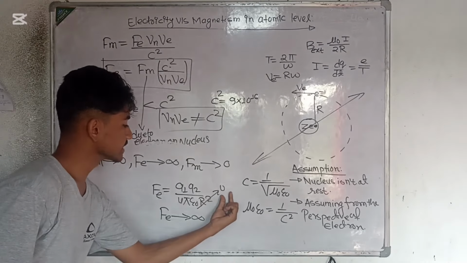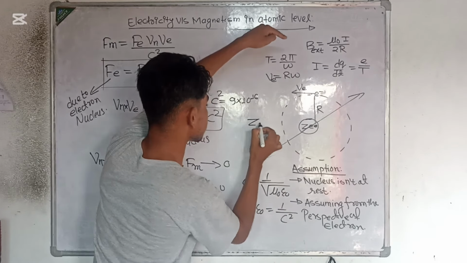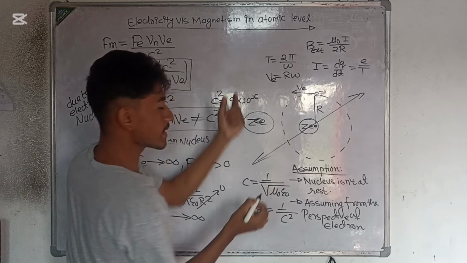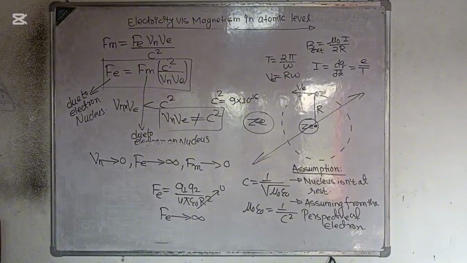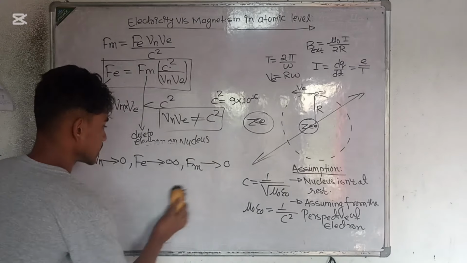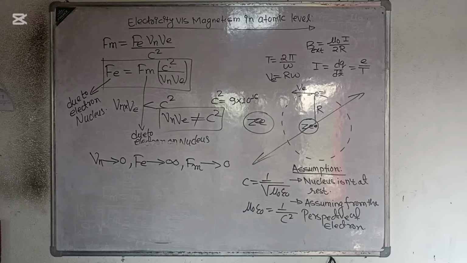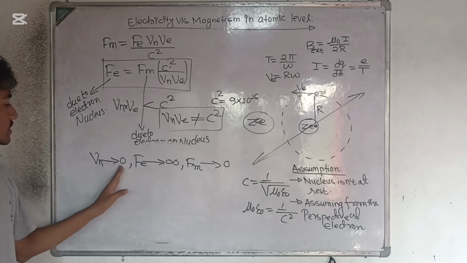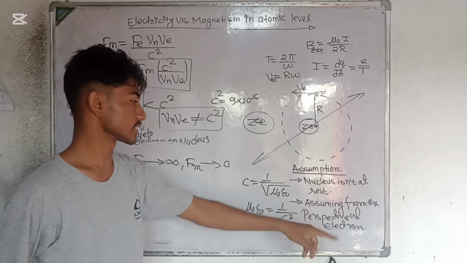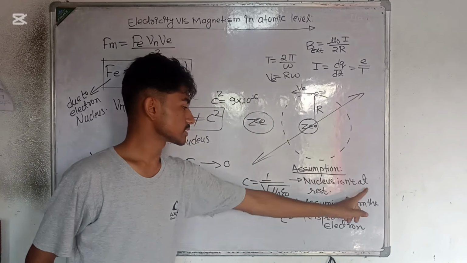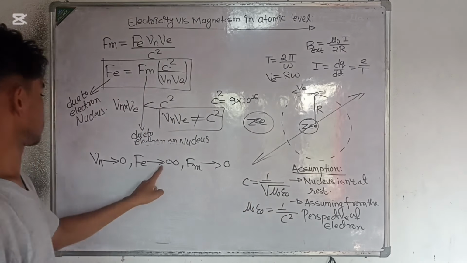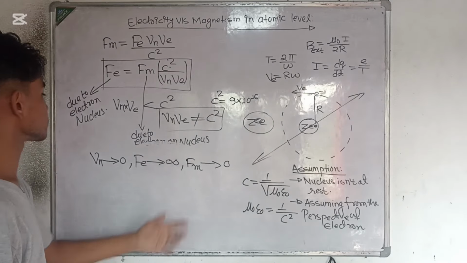If the radius tends to 0, then these two charged particles are lying at the same point, and this is not the true case, right? This is not the true case. So this is the one case: the velocity of the nucleus is not 0, the nucleus is not at rest, because I had already made some assumptions. The nucleus is not at rest because otherwise you will end up getting infinite, and this is not a true case.